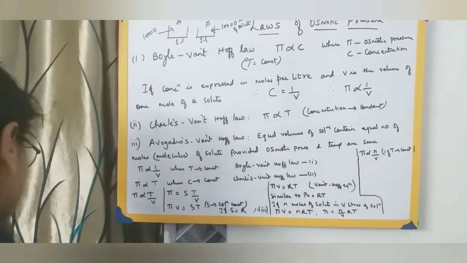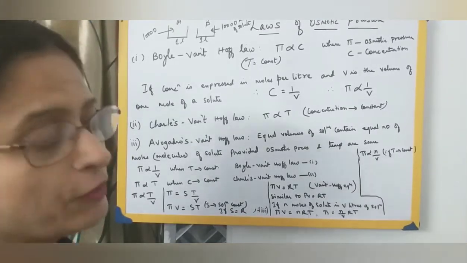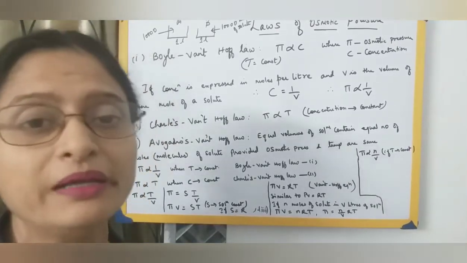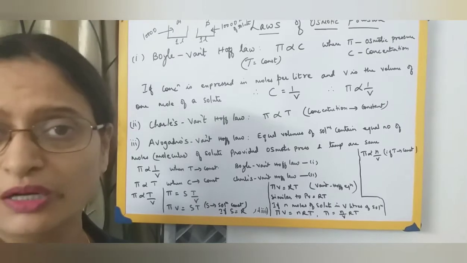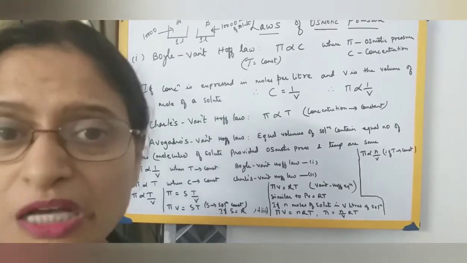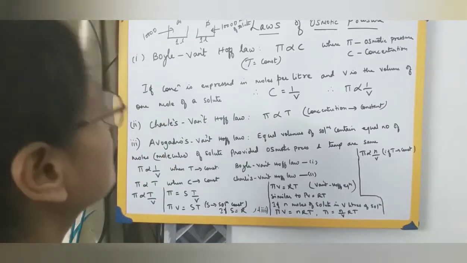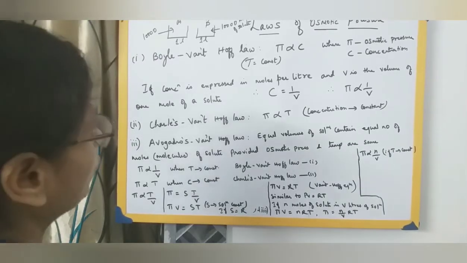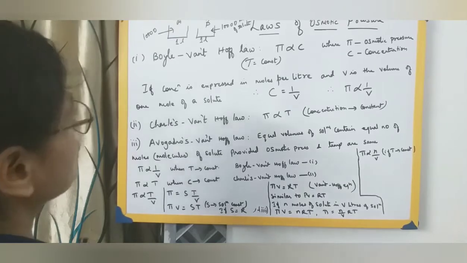Now from all the equations of the colligative properties, what we are doing is finding a relationship to determine the molecular mass of a solute. Here also we will do the same: we will find the relative molecular mass of a solute on the basis of the osmotic pressure.